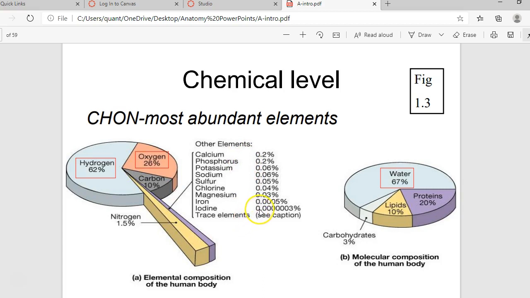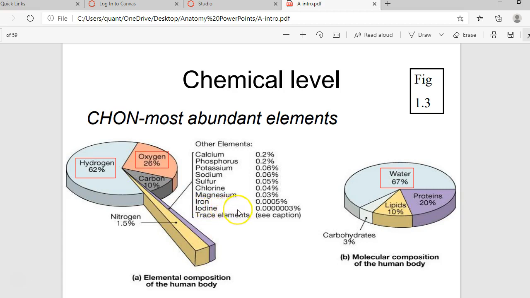And look how tiny iodine is, 0.000003% of the body. Not much, but a very, very important trace element, because the thyroid hormones have iodine hooked to them.